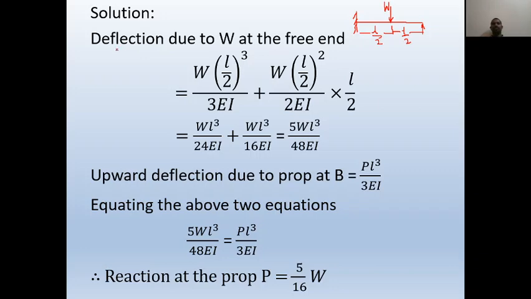Let us first find the downward deflection due to W at the free end. And this is a formula. Here you need to have all the formulas at your fingertips for a cantilever beam subject to point loads at midpoint or at the end point, and a cantilever beam subject to UDL throughout.